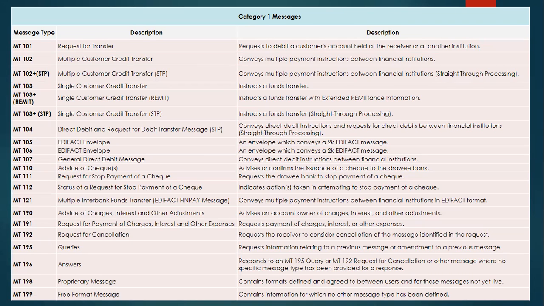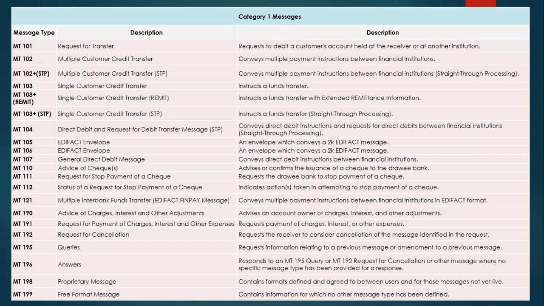The next one is MT102, which is a payment again provided for a customer, but it totally depends upon the bank wherein they have a relationship to make a transfer of these MT102 messages between the financial institutions.